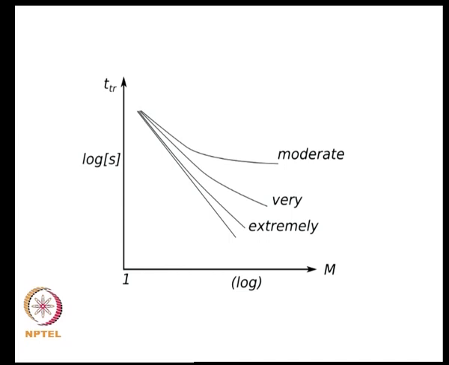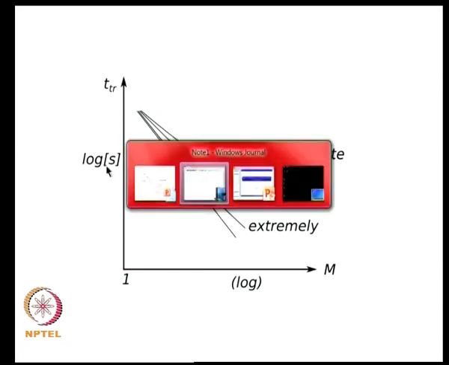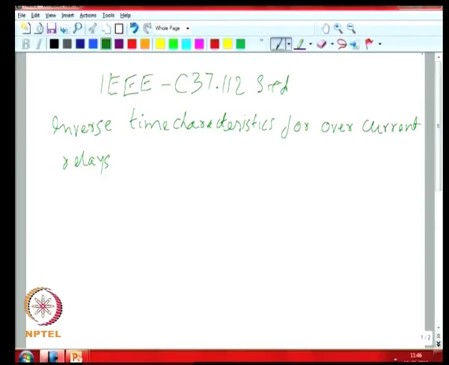So, if you look at a large value of m much greater than 1 and the value of b which is close to 0, we have your trip time given by a by m square minus 1, and for m being much larger than 1, this is roughly equal to a by m square, and we know that m is I by I pickup.